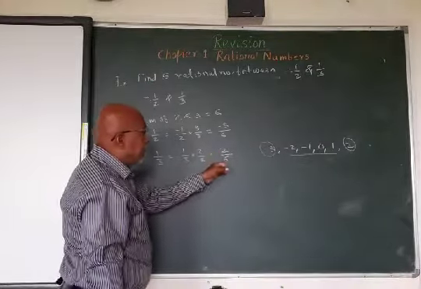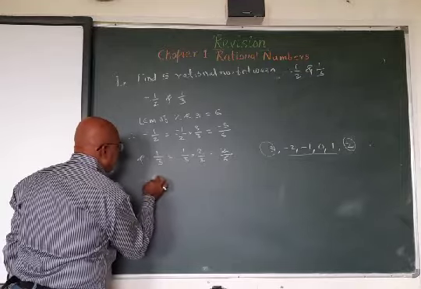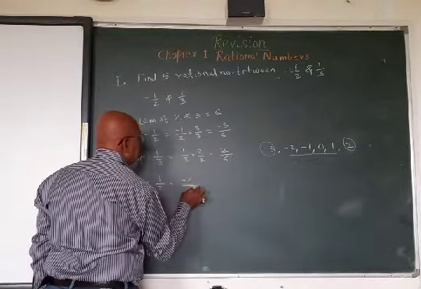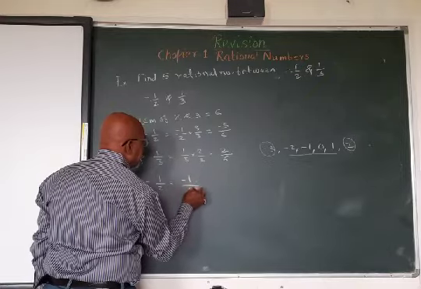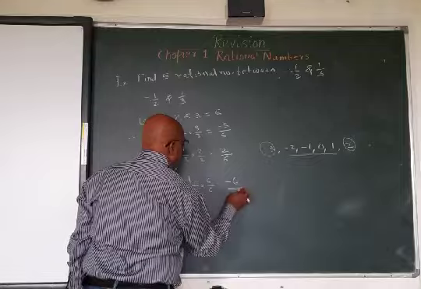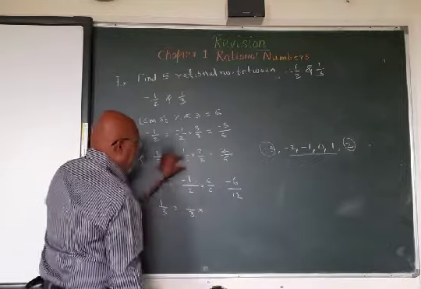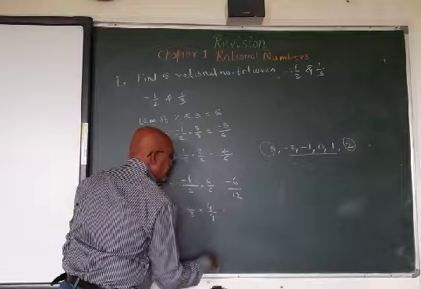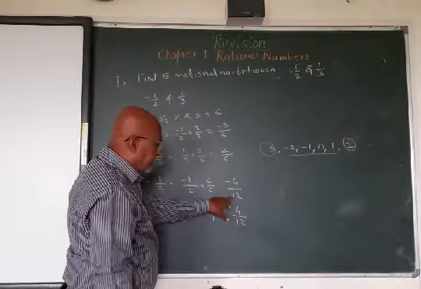So what we'll do is multiply numerator and denominator by 2 again. So minus 1 upon 2 equals minus 1 upon 2 into 6 upon 6, equals minus 6 upon 12, and 1 by 3 equals 1 by 3 into 4 by 4, which gives 4 upon 12. Now again the denominators are the same.